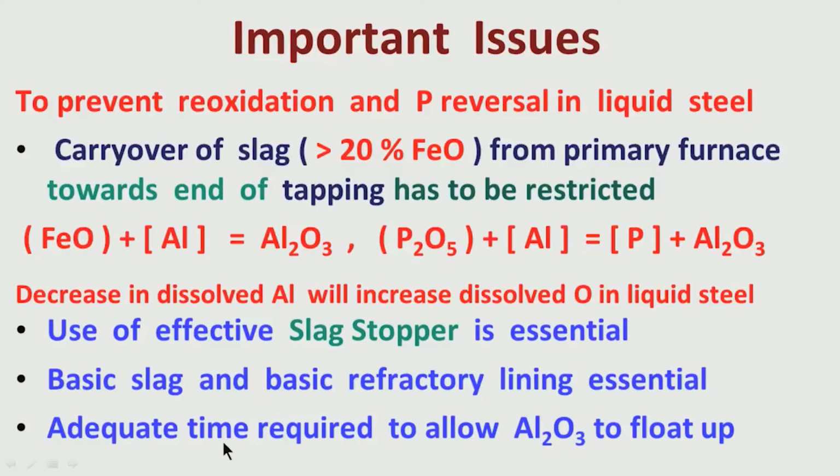So, I have mentioned that we have to give adequate time to these alumina particles to float up. During deoxidation we are generating alumina. I have told you generation of alumina takes place very fast, but the floating up of this alumina takes time.